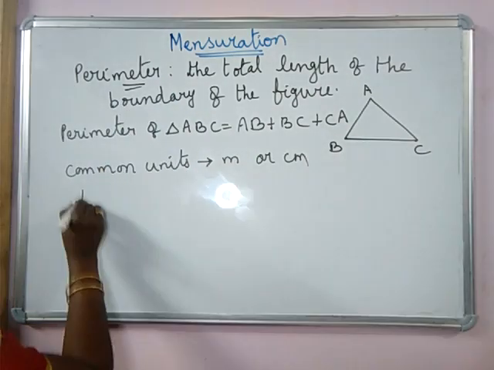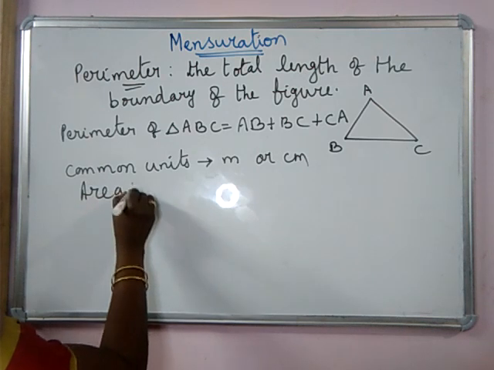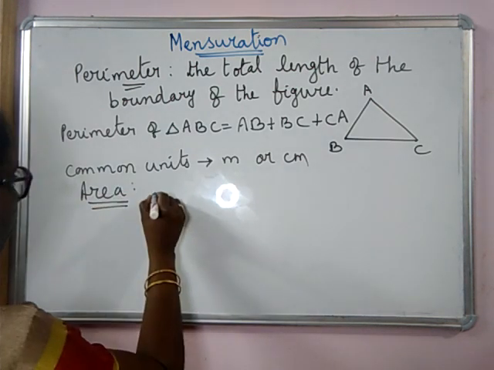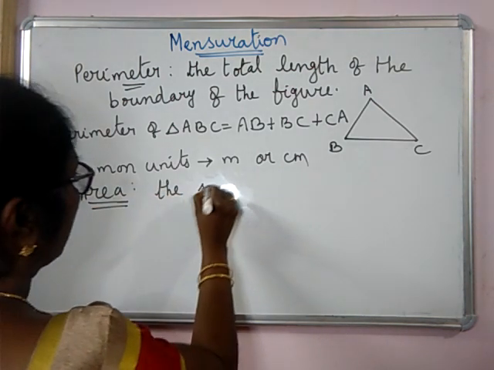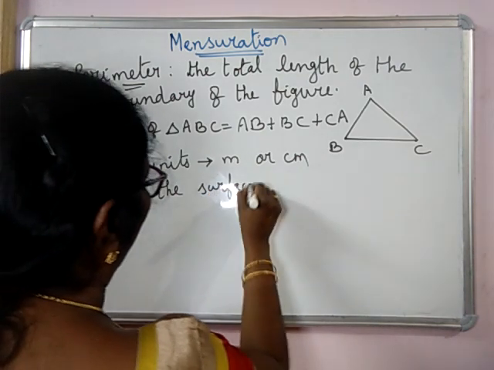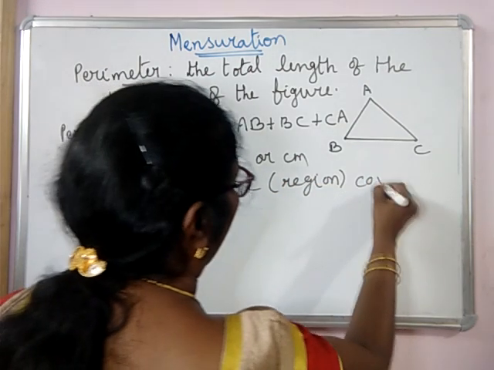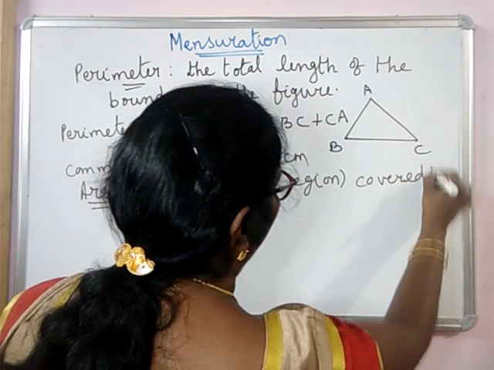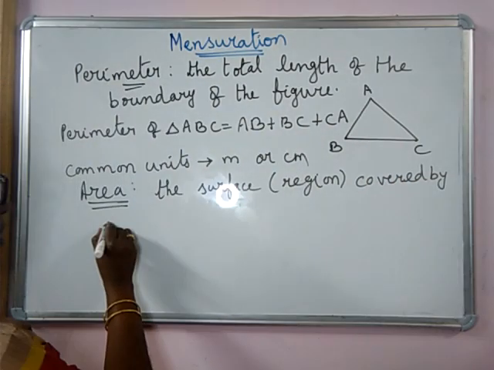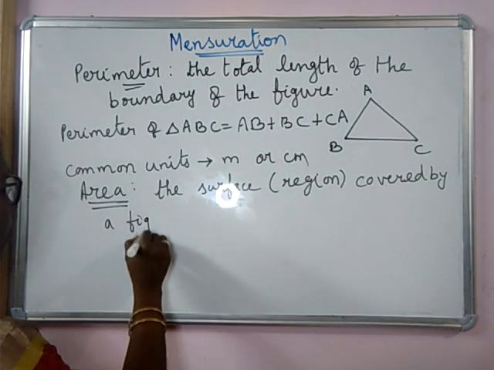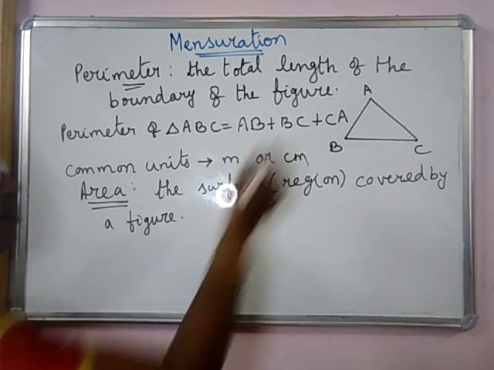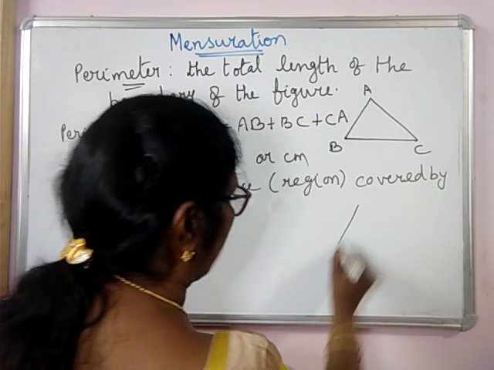Now, what is the area of a plane figure? It is the surface or the region covered by a figure, or bounded by a figure. Suppose this is triangle ABC.